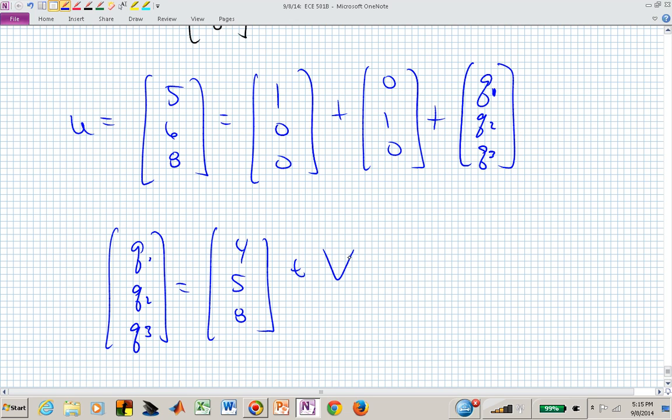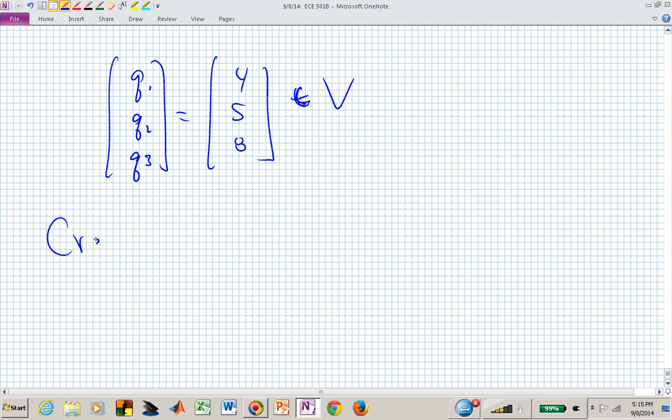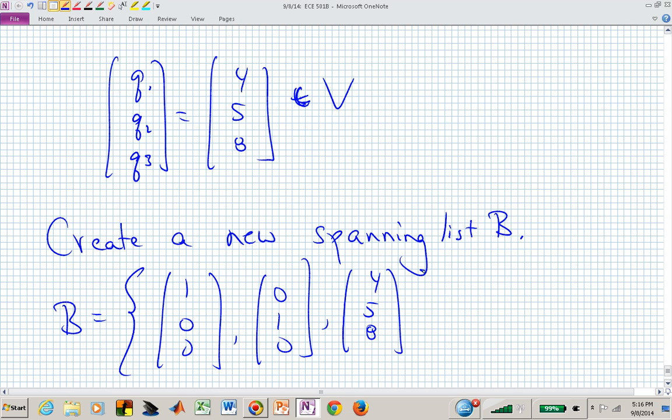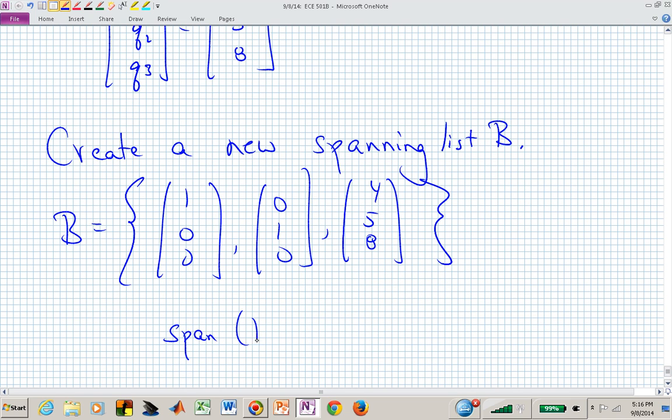And that's in our three-dimensional space. And now we can create a new spanning list B. B now is (1, 0, 0), (0, 1, 0), and (4, 5, 8). And now we can see that the span of B is actually all of R3, and we've now created a basis.